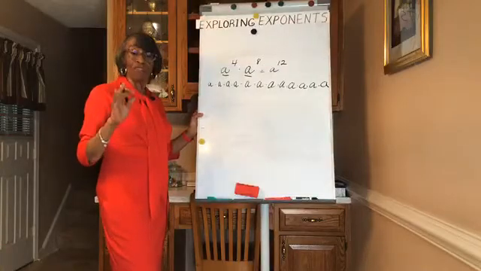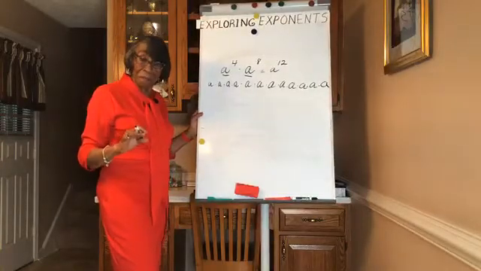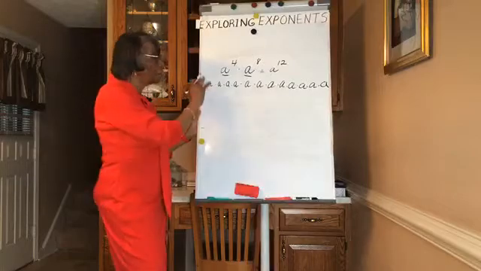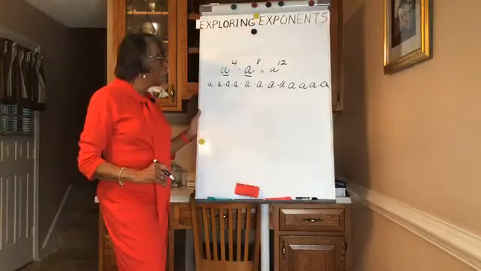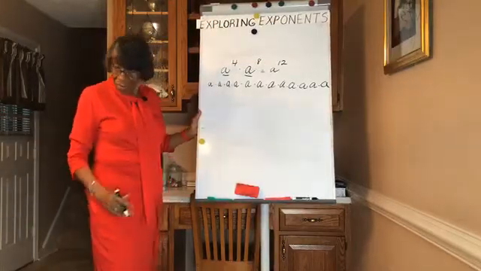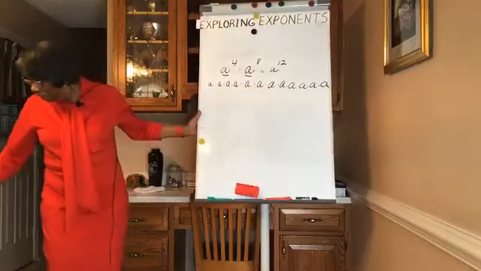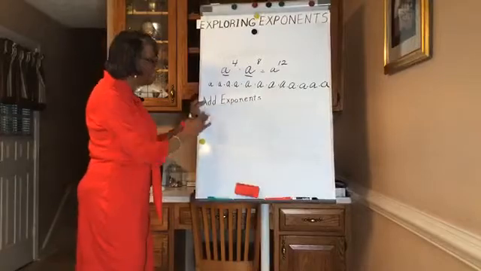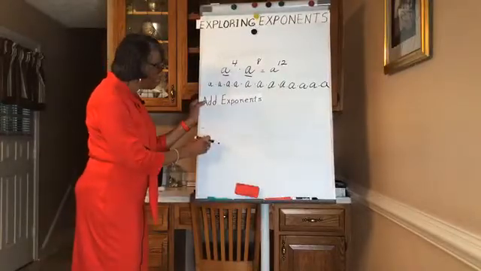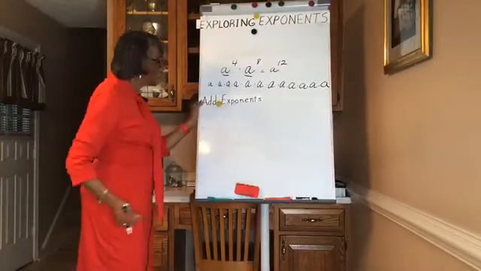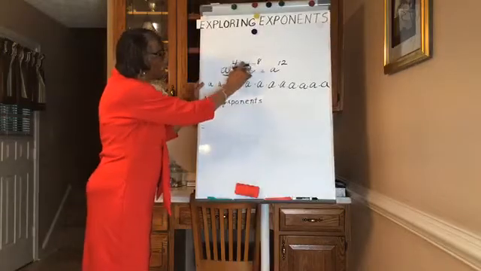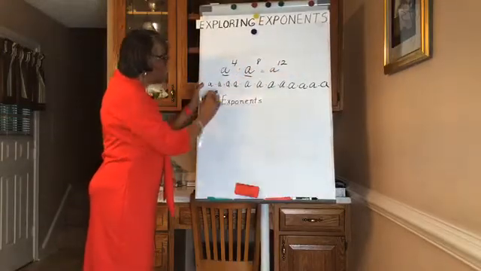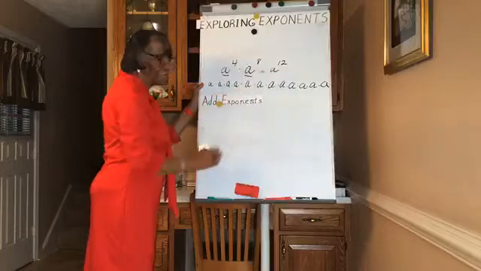Do that as long as you need to until you're ready to do a shorter way. But if you have watched it, you will notice that what we did was simply add the exponents. That's what we're doing every time. 4 plus 8 is 12. And the base is A.